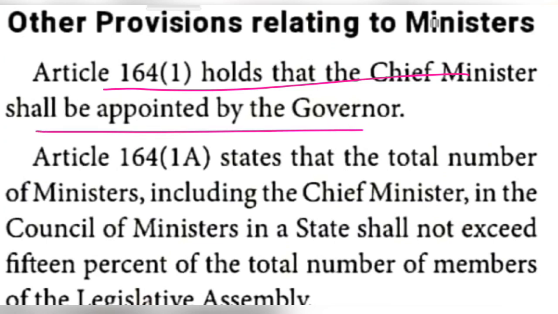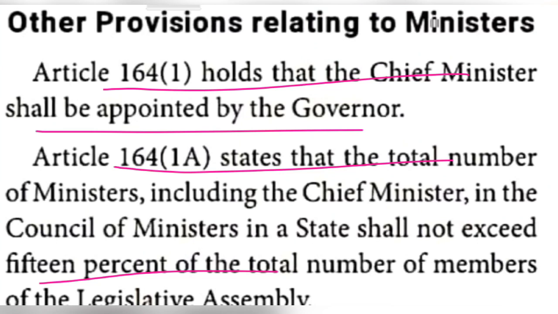So the governor is appointing the chief minister. On the basis of Article 164(1)(a), the total number of ministers, the whole council of ministers, including the chief minister, in a state shall not exceed 15% of the total number of members.